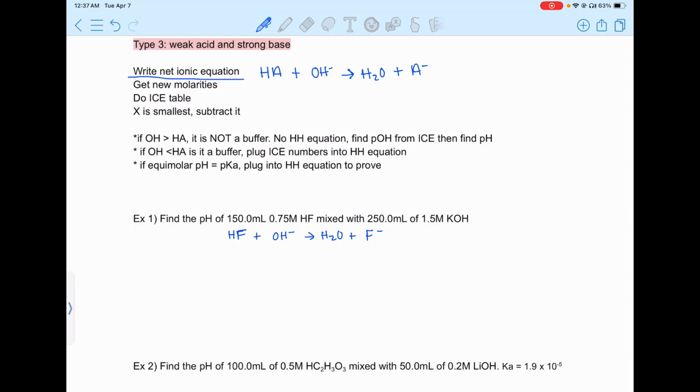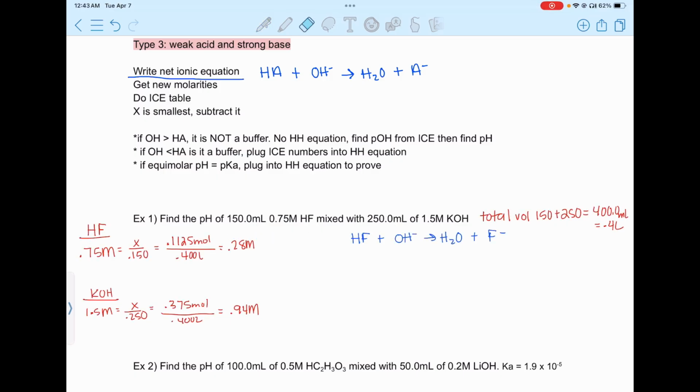Right, now we're going to get into step 2 where I need to find these new molarities, then I need to put them into our ICE table, right, that I'm using this net ionic equation to set up. So I've calculated those new molarities by taking the given molarity and volume of each piece separately, finding the moles, and then dividing that by the total volume, so moles over the total liters.